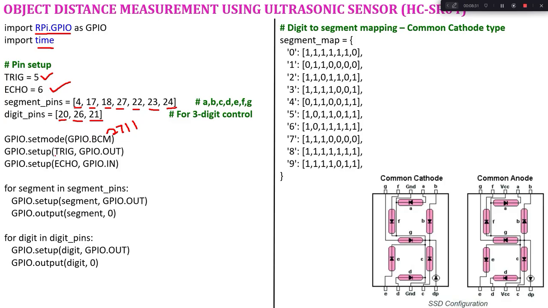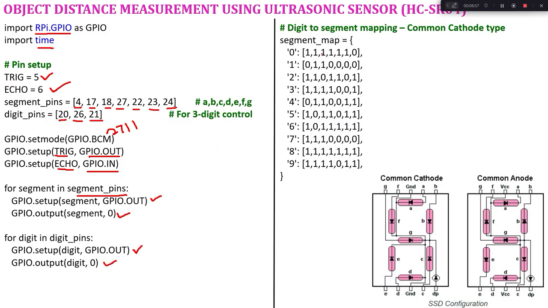Then the trigger line is configured as an output line and the echo line is configured as an input line. Then we take the segment pins and make them output pins, and the initial value is set to 0. Same way, the digit pins of your 7 segment are also set as output pins with the initial value of 0.